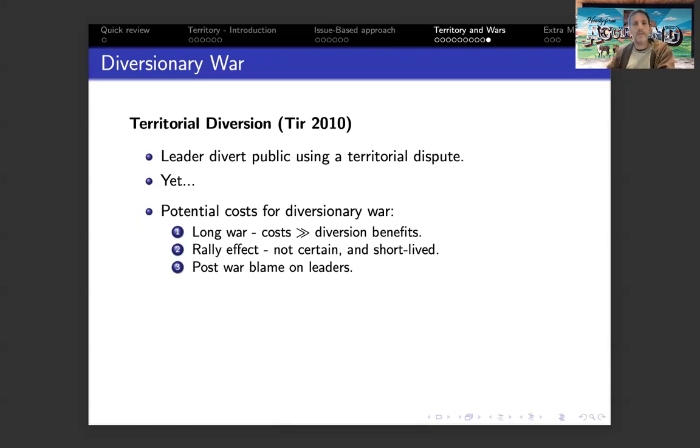So what the author does in this paper is to use data on militarized disputes, especially territorial types of issues, and see how much those types of issues represent a diversionary mechanism.